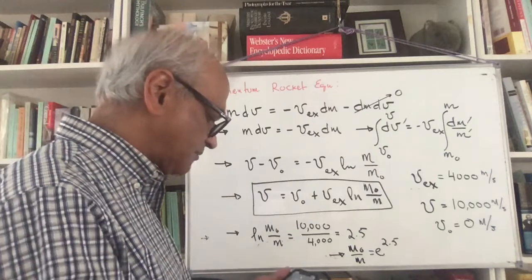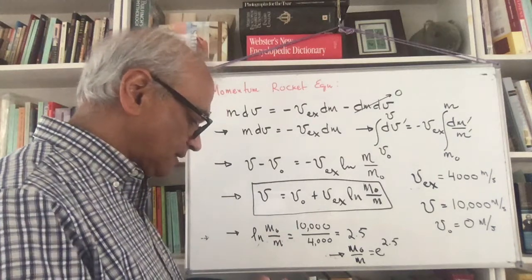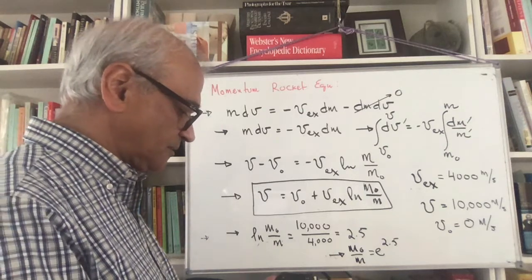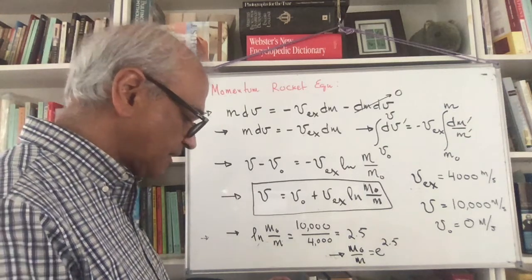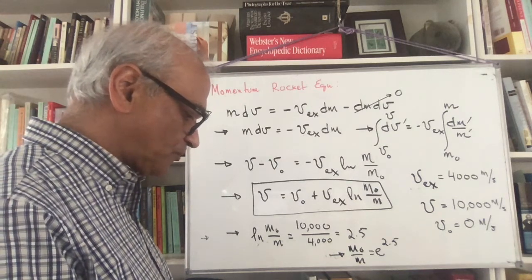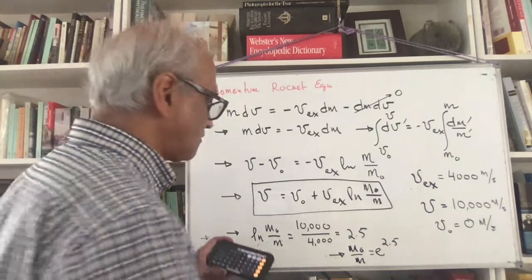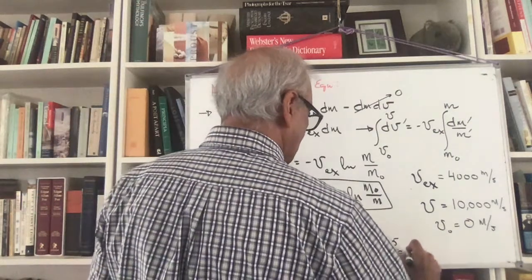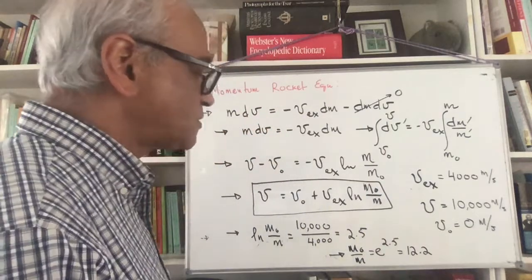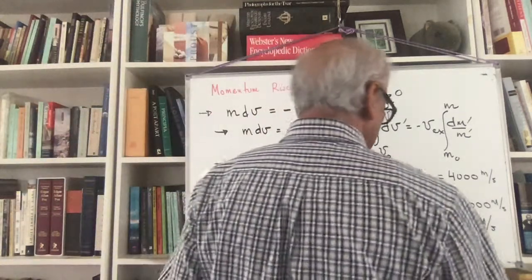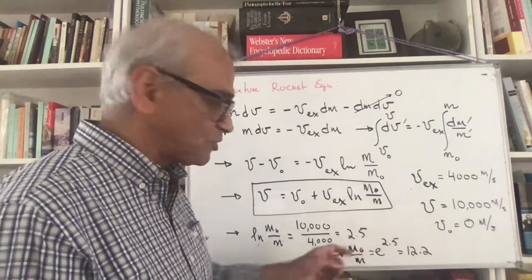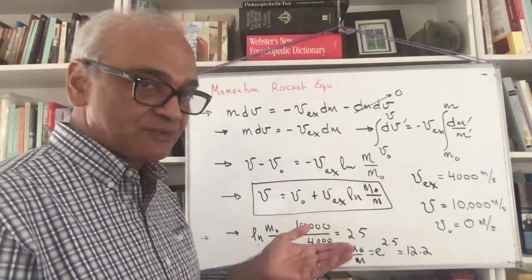So what's e to the power 2.5? Let me find out very quickly, if I can find my calculator. Okay, so e to the power 2.5 is 12.2. What's 12.2? That means that whatever is the leftover mass, if you multiply it by 12.2, you get the initial mass, right?